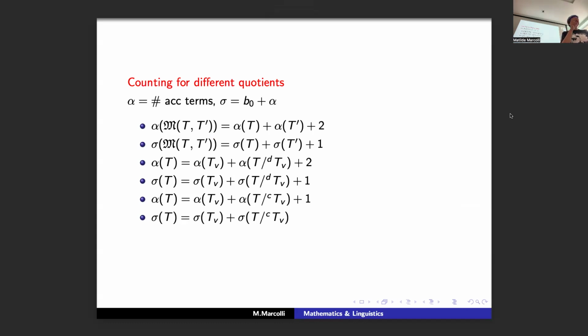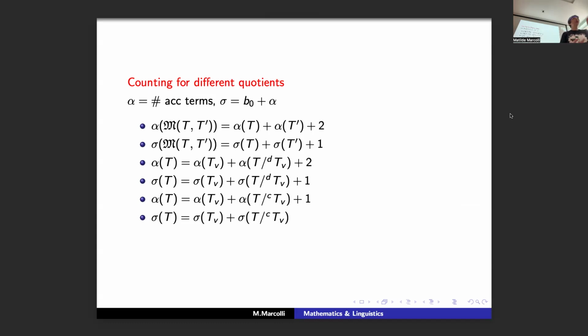Depending on whether you take the quotient that contracts everything to a single leaf, with the root vertex of the extracted part as a new leaf, or the quotient that only takes the maximal binary tree determined by that, these are going to have different numbers of accessible terms.